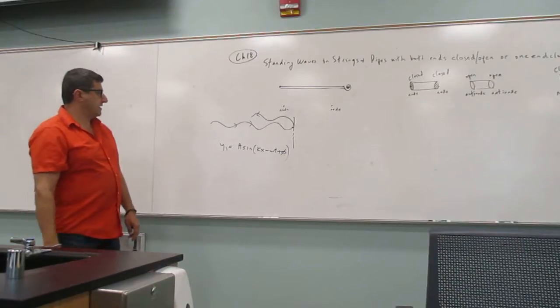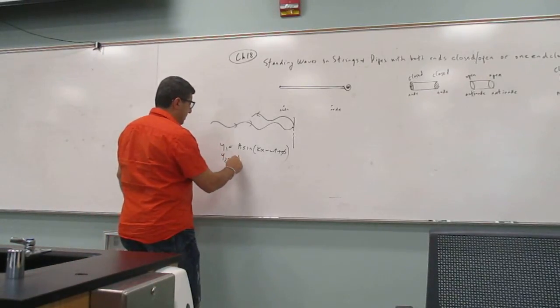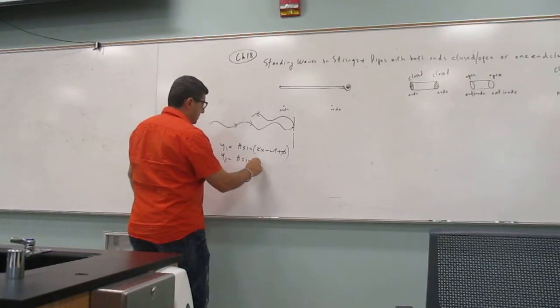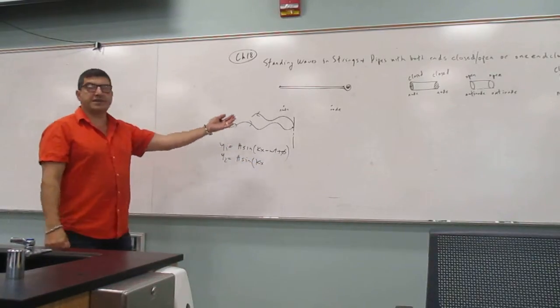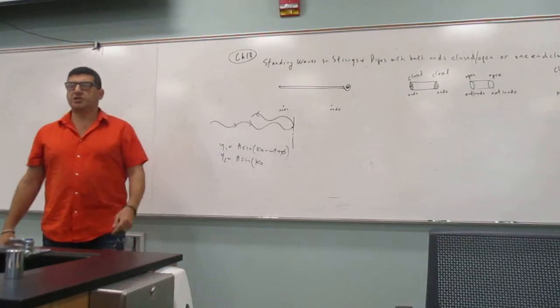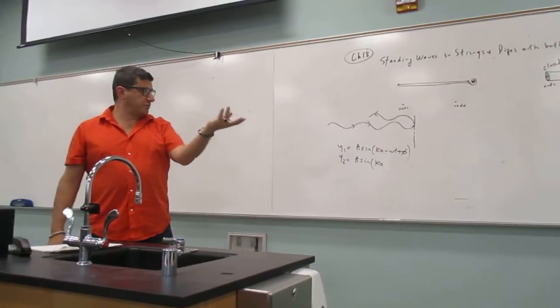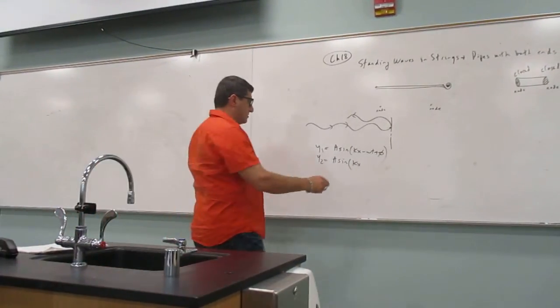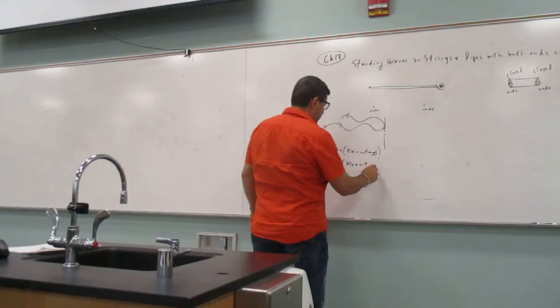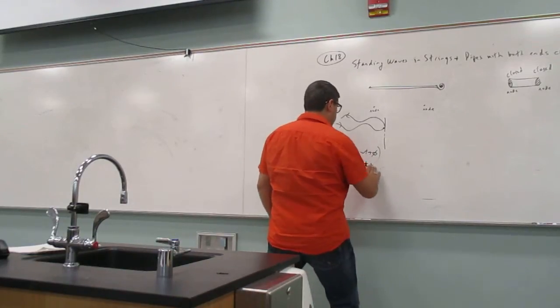And then y2 is A sine of, well, since it's basically reflecting back into the same medium, the k doesn't change and the omega doesn't change, except that the wave is traveling to the left, so kx plus omega t plus phi. Well, for now, let's just do it this way.